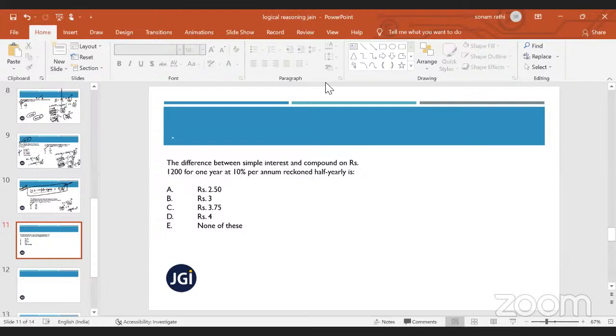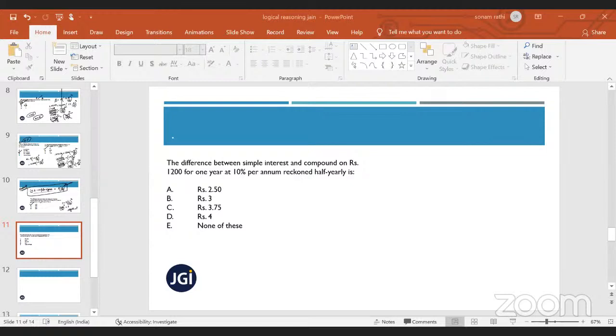Now, is it 2 years? In this question, are they saying 2 years? No? So can we use that formula? No, we cannot use that formula. So in this question, we have to do it separately. First, you find simple interest, then you find compound interest, and then do the subtraction.